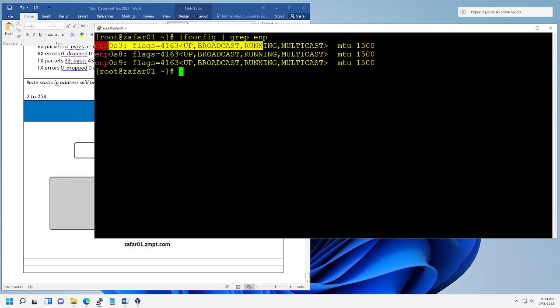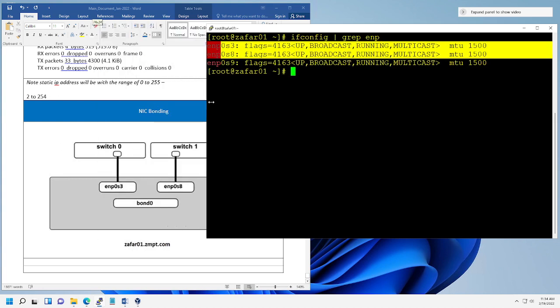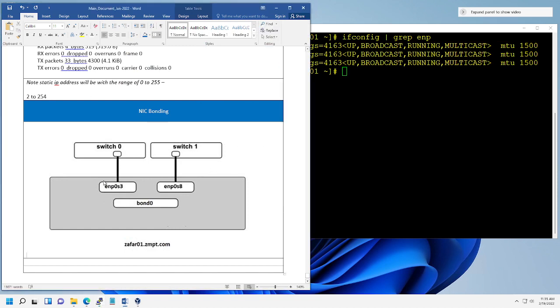In reality these two will exist, number 9 will not exist. NIC bonding is, you have this server, ZMPT01, zafar@ZMPT01. This is the server, okay? And then we have two physical network adapters, enp0s3 and enp0s8.